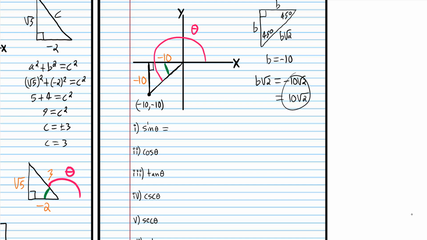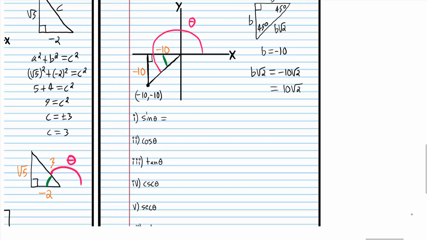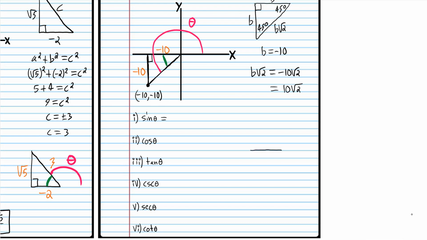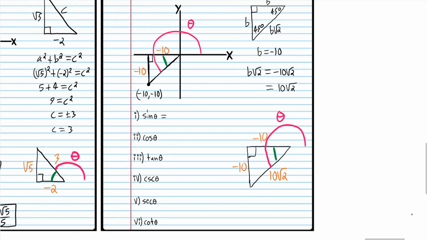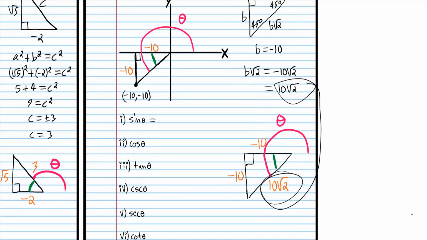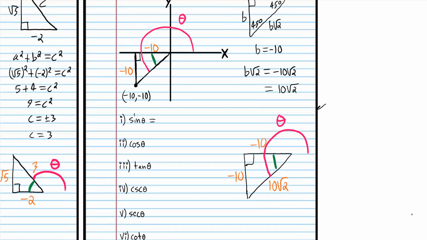So I'm just going to say equal to positive 10 root 2. And let's draw our final triangle. So this is theta, and we have the green reference angle, and our side lengths are negative 10, and positive 10 root 2. I know that's kind of confusing, but remember the hypotenuse is never allowed to be negative when calculating these basic trigonometric functions.